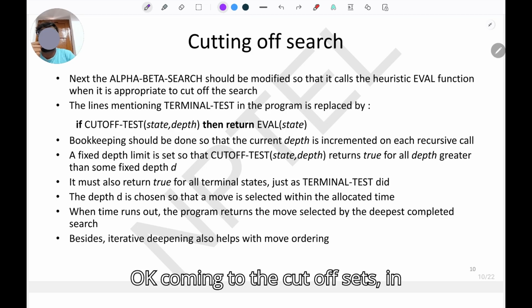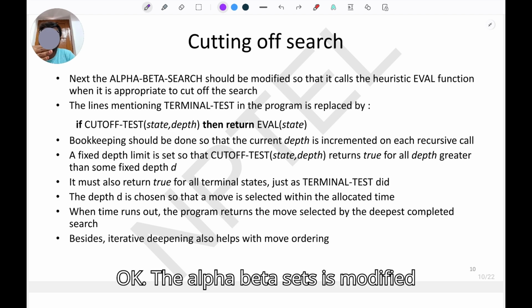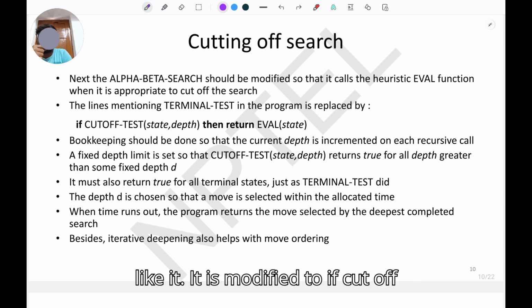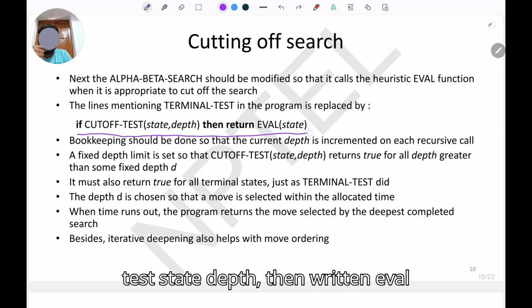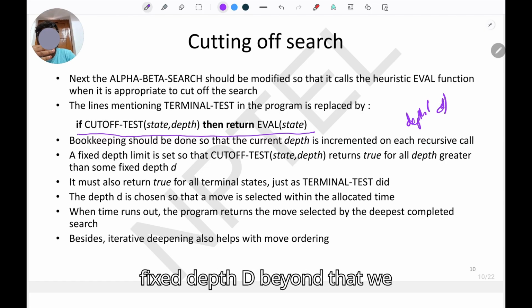Okay, coming to the cutoff test, in practice we use a cutoff test. The alpha-beta search is modified to: if cutoff-test(state, depth) then return eval(state). This means we fix a depth d.